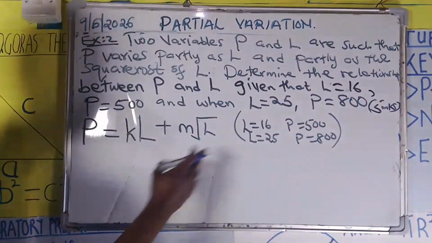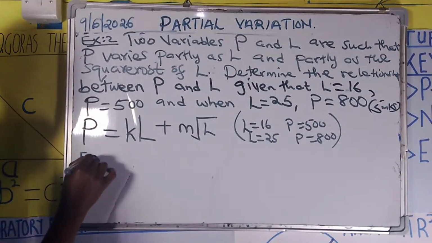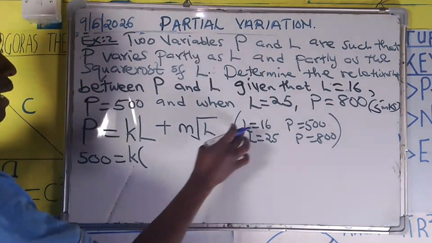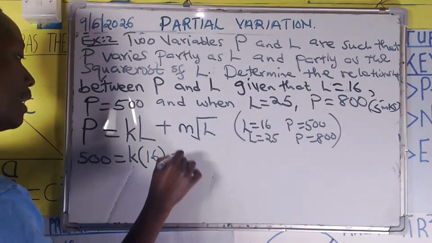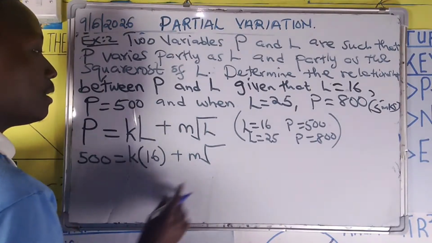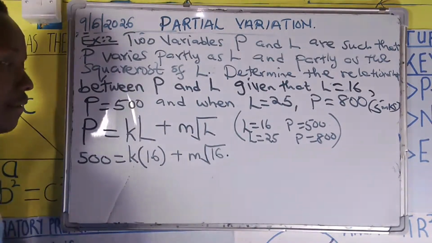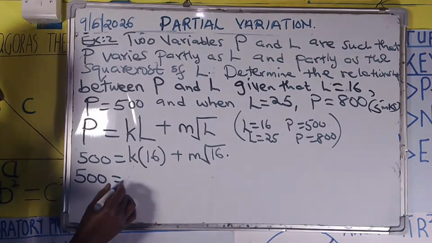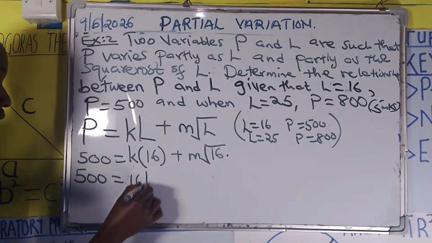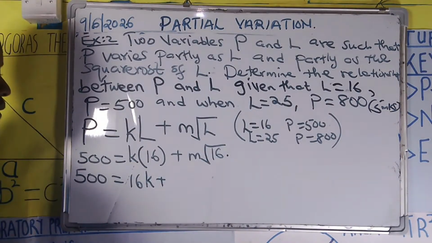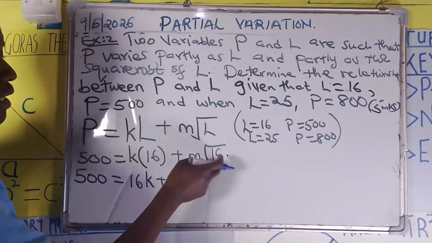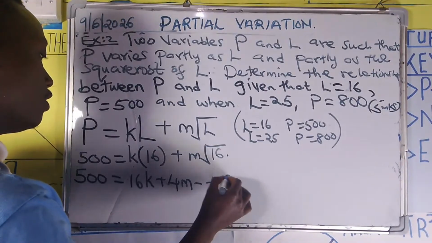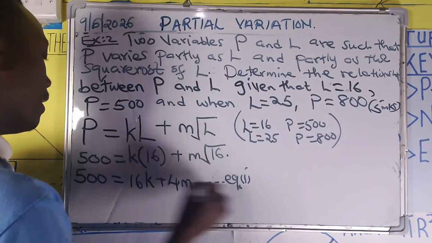We'll start with the first one. P is 500, which is equal to K into brackets, our L is 16, plus M multiplied by the square root of 16. This gives us 500 is equal to 16K plus the square root of 16, which is 4, times M, which is 4M.